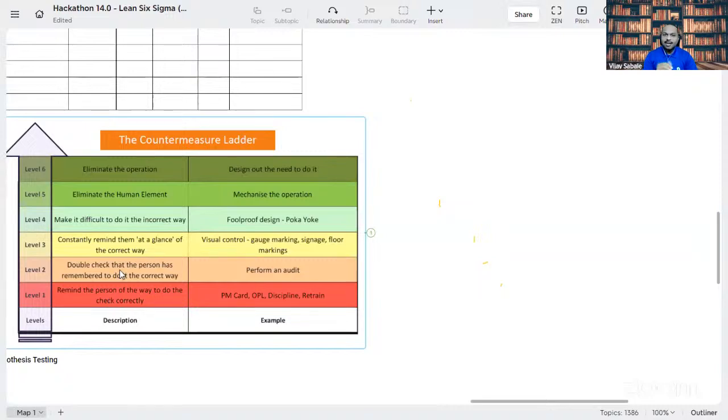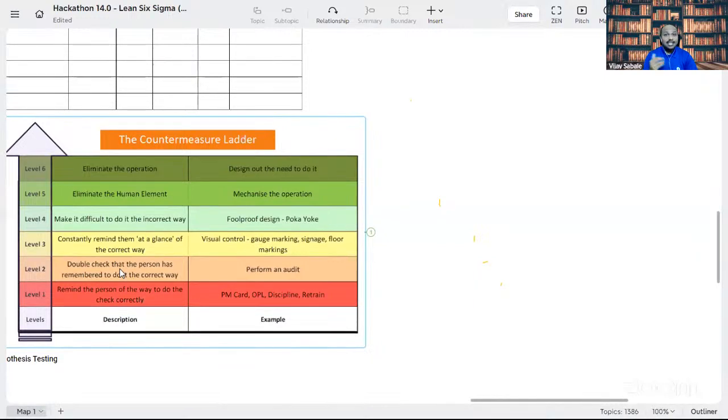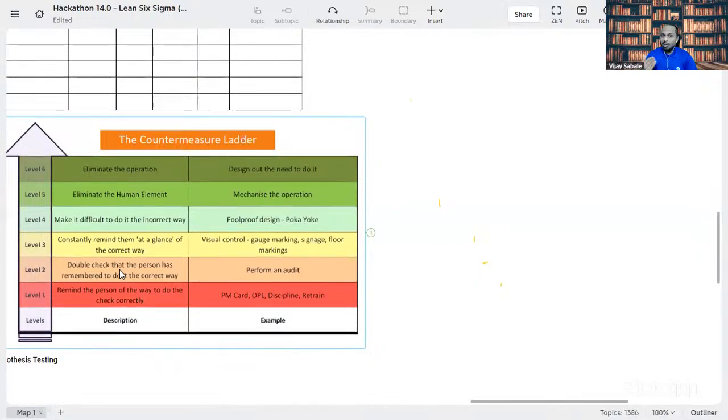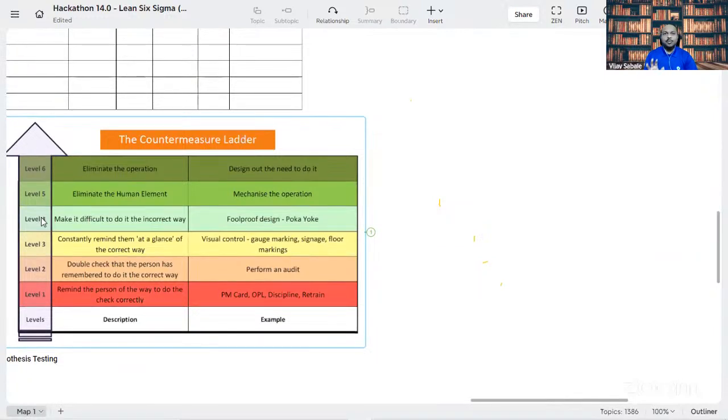It's not a dark red, somewhat red. That means the problem is not solved. It is going to repeat. Level 3, yellow. That means the problem is solved to some extent, but the problem is going to repeat again and again. Levels 4, 5, and 6, you can see somewhat in green, moderate green and dark green. That indicates the problem is going to be solved in a significant manner, right?